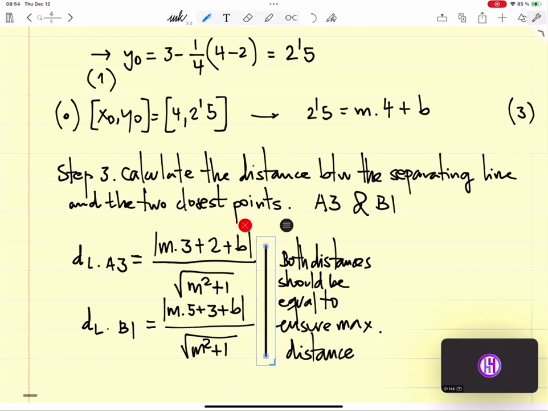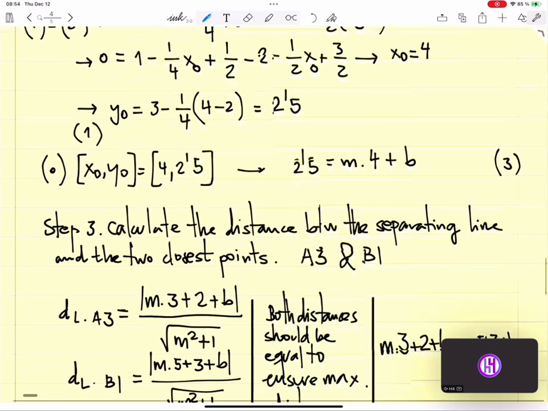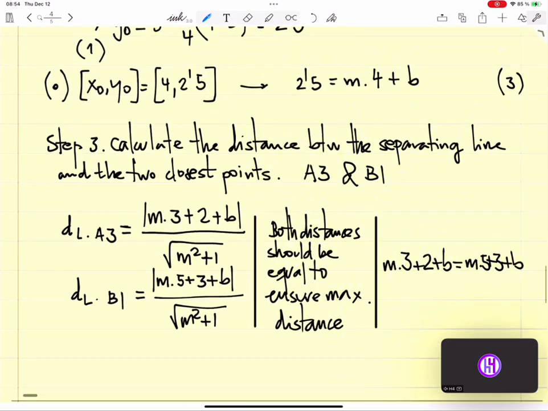And as a result, we get our second equation, because 3 times m plus 2 plus b equals m times 5 plus 3 plus b. b cancels itself out, and then we get that m equals minus 0.5.